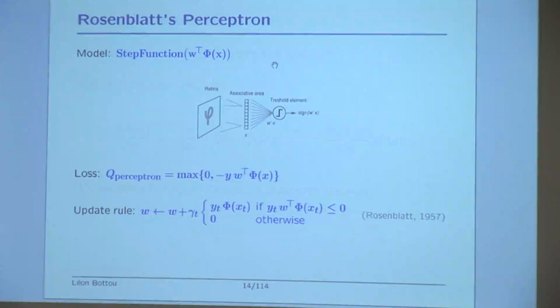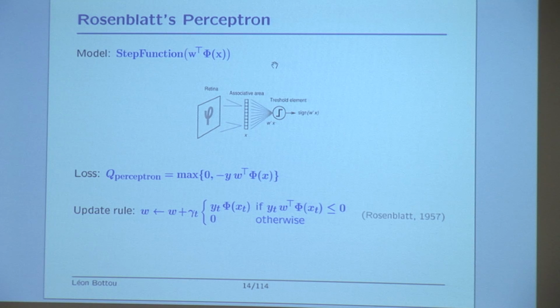Another example is the perceptron of Rosenblatt. Again, a linear discriminant function with a threshold. The perceptron historically was made of two layers. There was a first layer that would take an image and produce a feature vector, that's the phi function, and then the linear discriminant part. The loss is a maximum of 0 and the margin term. So if W phi of x doesn't have the same sign as y, this becomes positive, and then you have a loss.